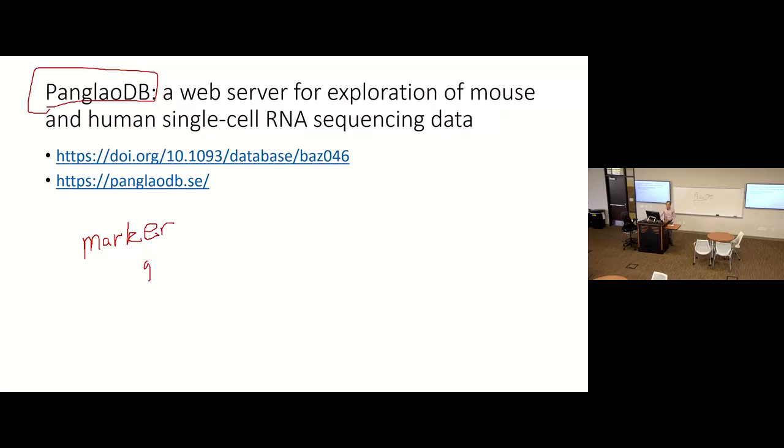It also has programs that can use these marker genes to label the cells and give a cell type. But this is a Swedish group, and the research group ran out of funding, so their PanglaoDB database has stopped running. I don't know whether the PanglaoDB website is still available.